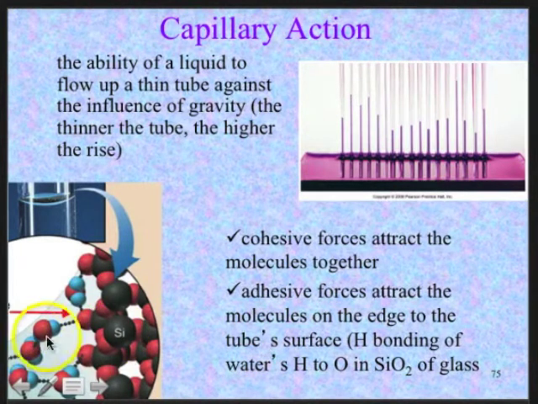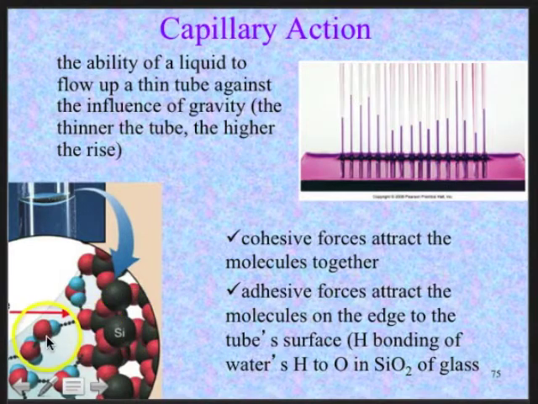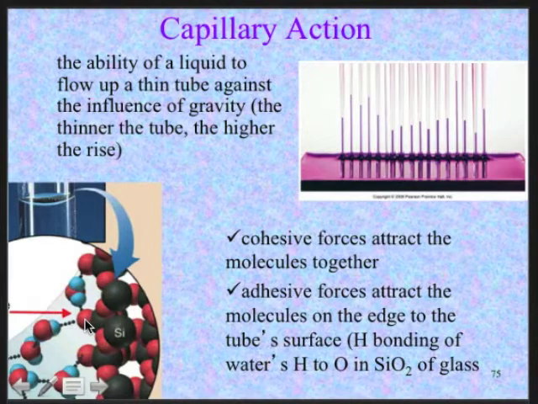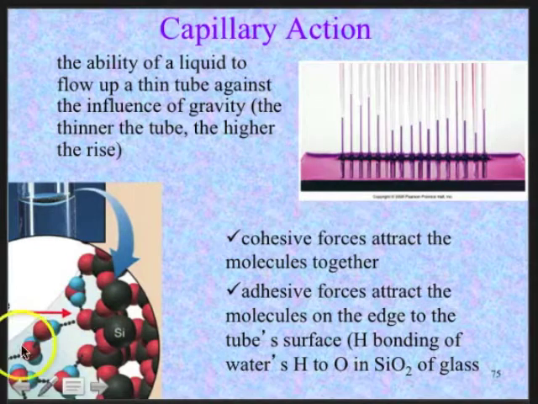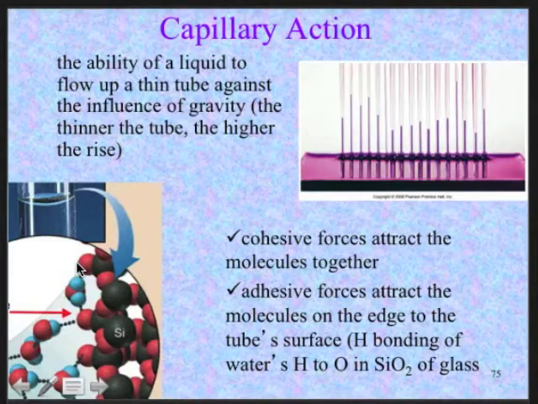In the case of glass, glass is a network of silicon and oxygen atoms and can engage in one-way hydrogen bonding, where the hydrogens of water molecules, which are slightly positive, are attracted to the electronegative oxygen atoms of glass, which allows water molecules at the edge to creep up the sides of the tube, creating water's familiar meniscus.